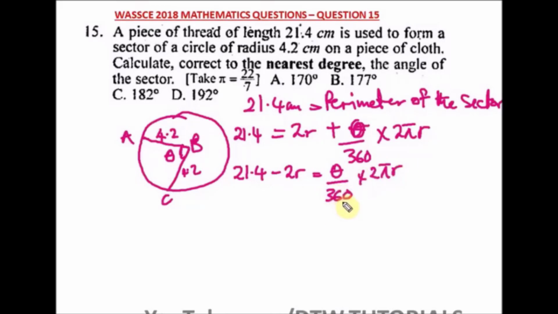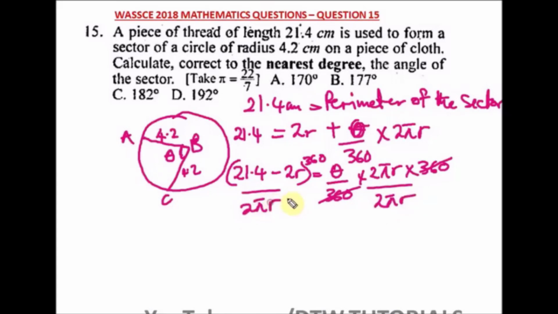Next, multiply both sides by 360, so it cancels out. Then divide both sides by 2 pi r. This will cancel out, and we're left with only theta.